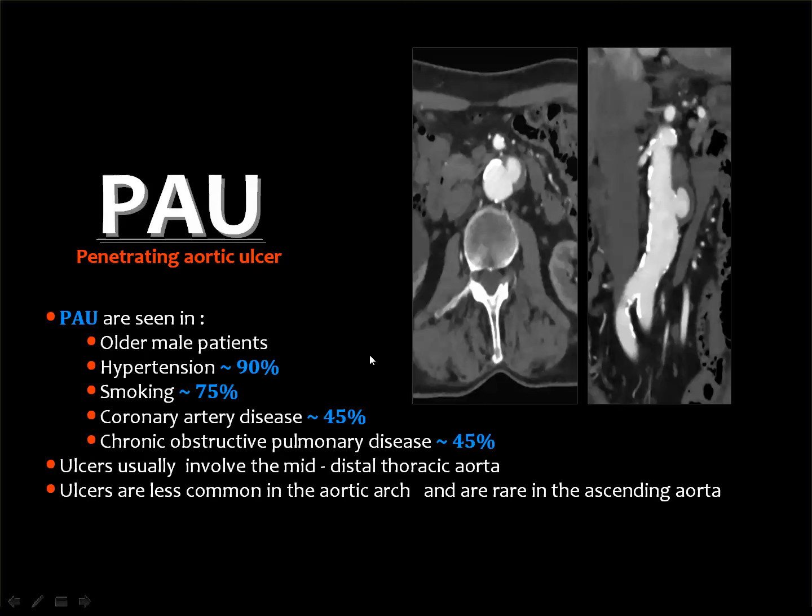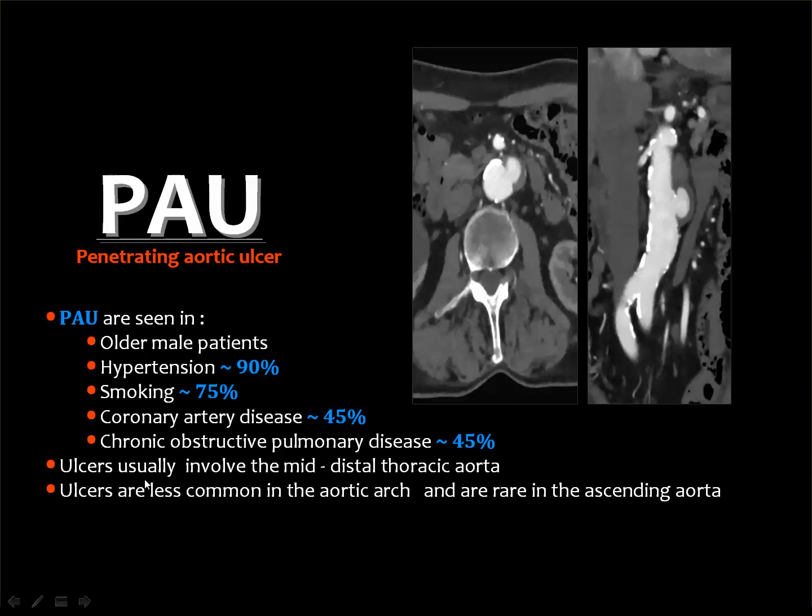Then penetrating aortic ulcers are seen in older patients, in hypertensives, in smokers, which is also a great important underlying risk factor, and coronary artery disease and chronic obstructive pulmonary disease, or COPD.